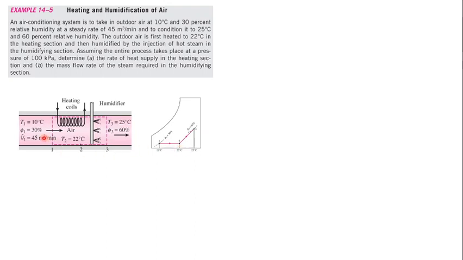So we are expecting omega 1 is equal to omega 2. Then section 2-3 is the humidification process. Then we are expecting to increase from omega 2 to omega 3. So if you look right here, we have all the enthalpy involved, 1, 2, 3, all the enthalpy is different.